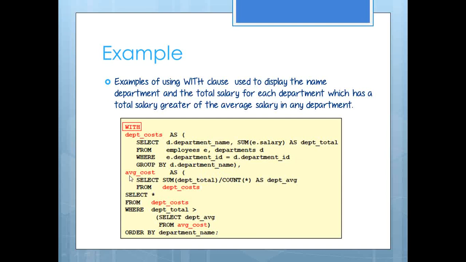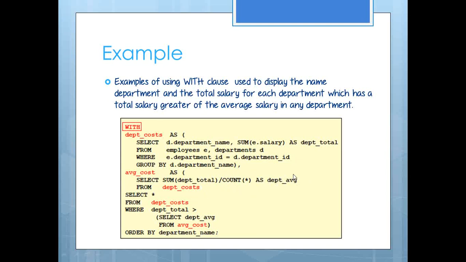And now avg cost is the subquery where we look for the sum divided by the count of every row. This is the meaning of the syntax.